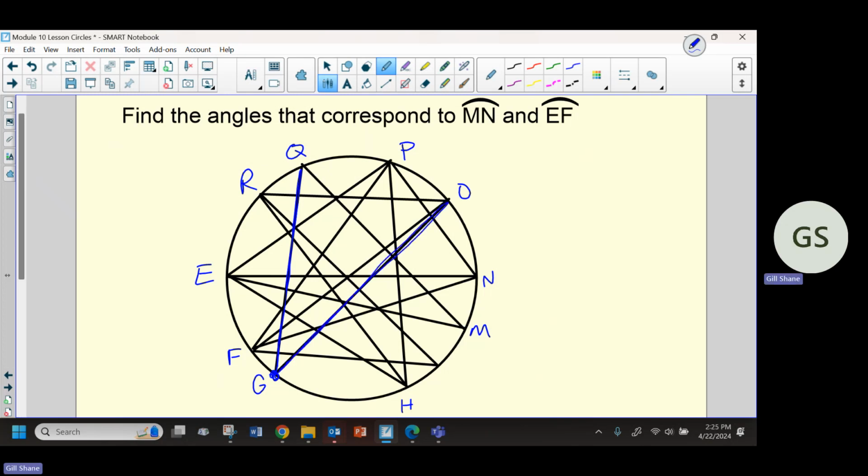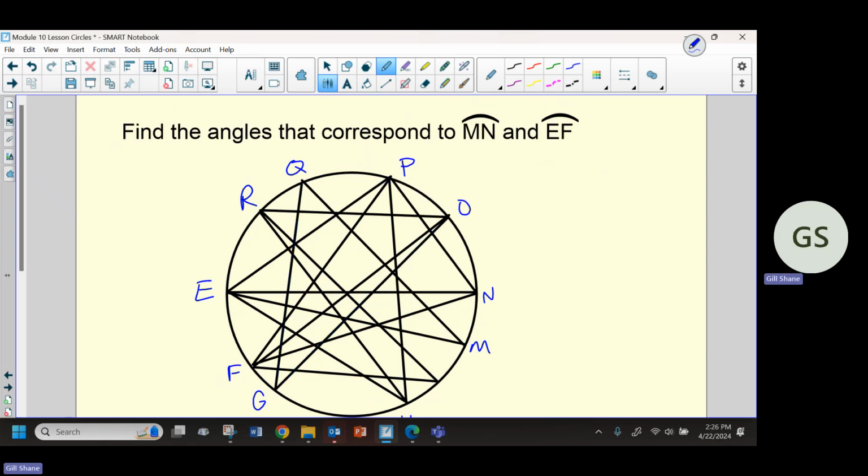So for angle QGO, the arc that it intercepts is just QO. It's just from the two endpoints that is the arc that is intercepted.